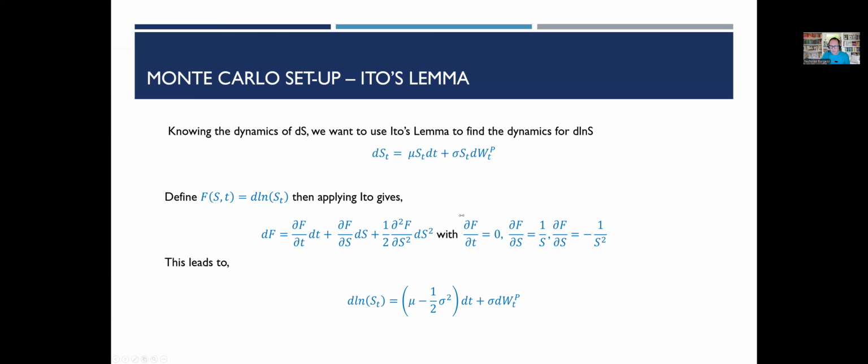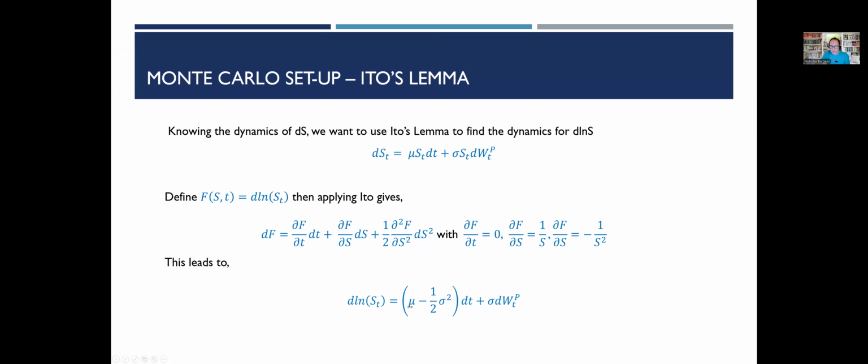So df/dt, if we differentiate ln S by t, is 0. df/dS is 1 over S, and d2f/dS squared, the second order term, is minus 1 over S squared. Substitute these into the Ito formula, substituting the geometric Brownian motion dS and dS squared, and rearrange, and you'll get this expression.